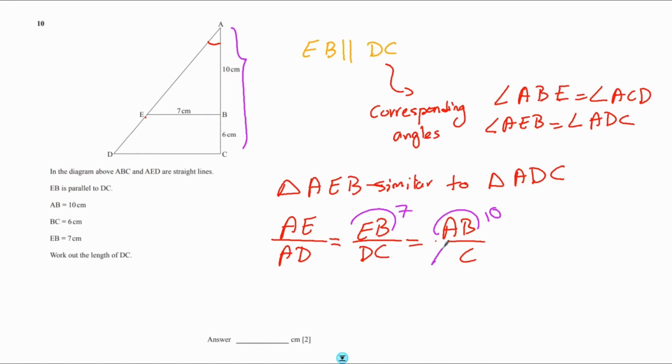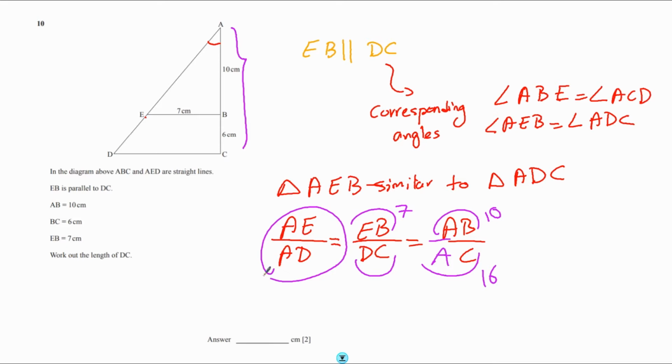Okay, so that's AC, and the value of AC is 10 plus 6, which is 16. Now, our unknown is DC. As you can see, we really don't need this part of the question because we have not been asked to find anything about AE or AD.